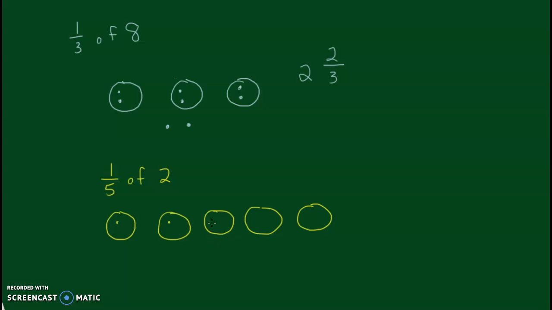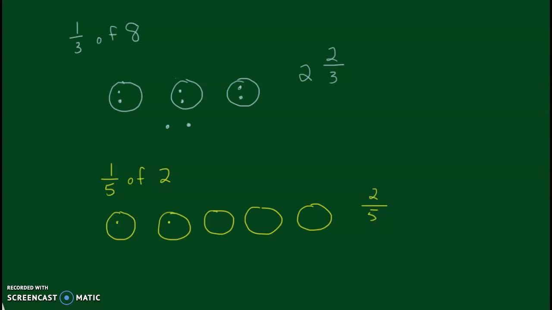So there's a number of ways of looking at this. One way to look at this is, of these 1, 2, 3, 4, 5 circles, so that's going to be our denominator, 5, how many of the circles had dots in them? 2 did. So 1/5 of 2 would be the same as 2/5.